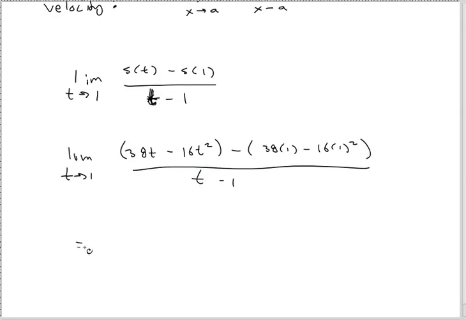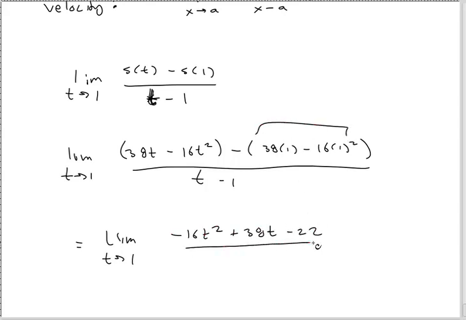And so what I want to do is combine like terms in the top. What you eventually get is negative 16t squared plus 38t, and then minus 22. So all this stuff here came to a negative 22. And then divided by t minus 1.